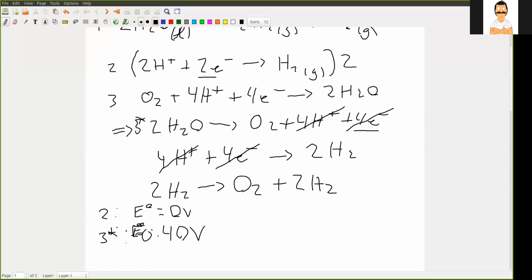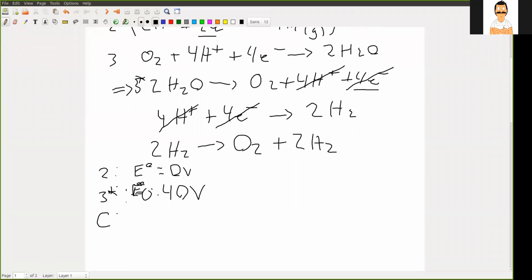So if we think about this for a second, in the past, with galvanic cells, the species with the higher, more positive potential would be the species that is the cathode, that would reduce. And the species with the lower potential would be the anode, and it would oxidize. But instead, we've got it the other way around. Our cathode is number 2.